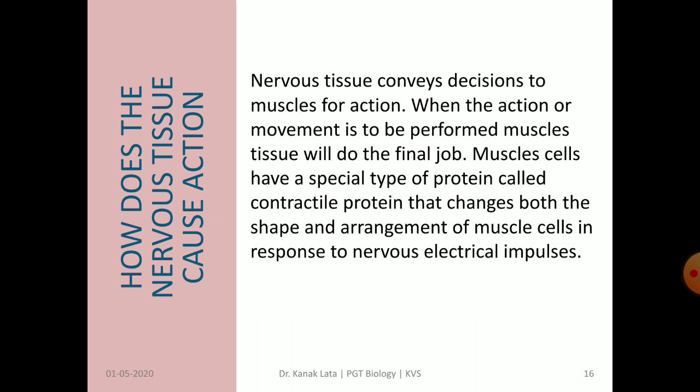As we know, muscle cells have a special type of protein. That protein is called contractile protein. This protein helps in contraction and relaxation. This helps in changing the shape and arrangement of muscles in response to nervous electrical impulse.